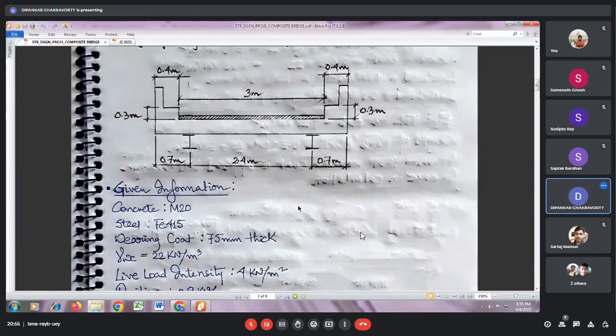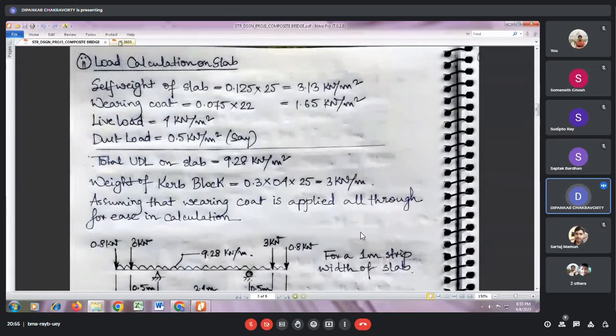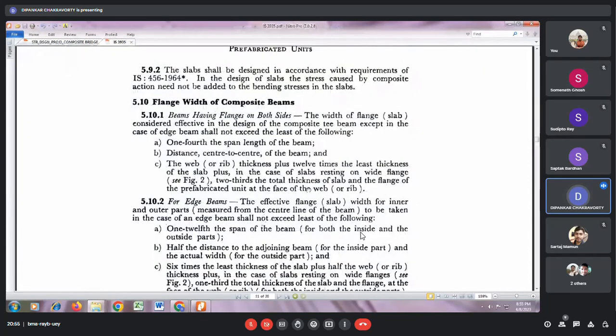No. The effective width of the concrete deck has certain codal stipulations. It should be the minimum of three parameters. The first parameter is 1/4 the span of the beam, the distance center to center of the beam, and the web of the girder plus 12 times the least thickness of the slab.